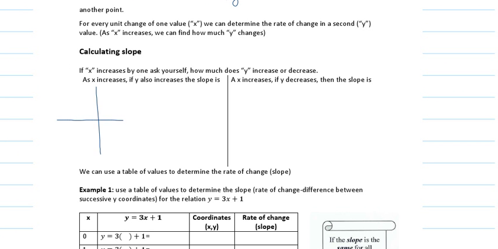As x increases, if y also increases, is the slope positive or negative? Positive. Because as x is increasing, y is increasing. So this is the y value, and this is the x, right? That brings me to a line that goes like this, and a line that goes like this has a positive slope.